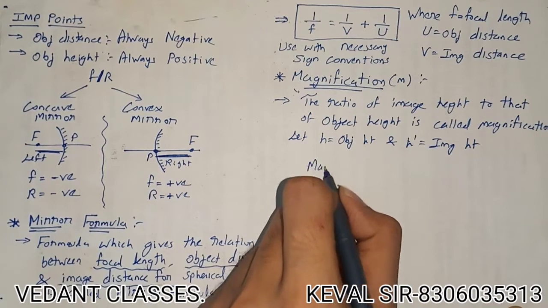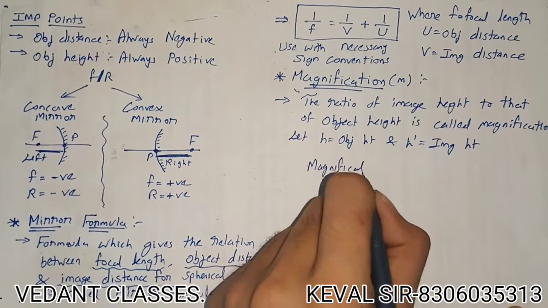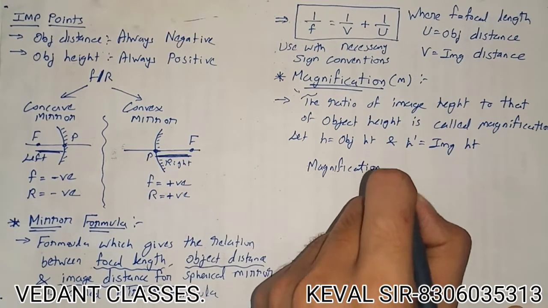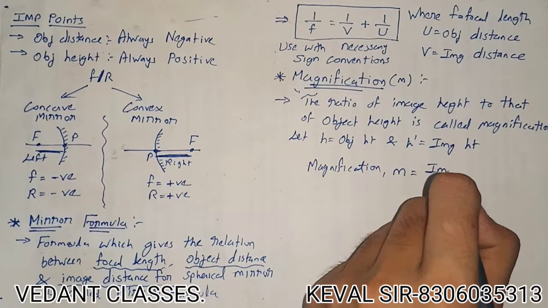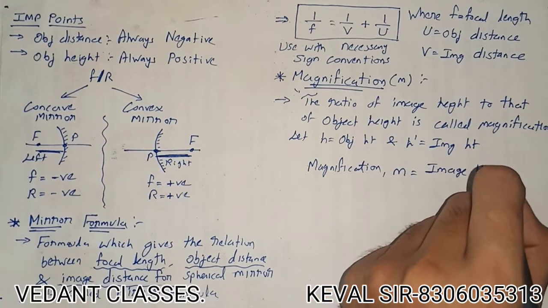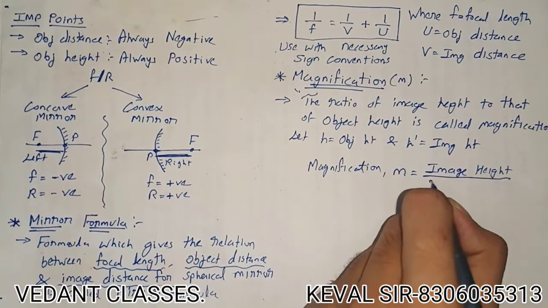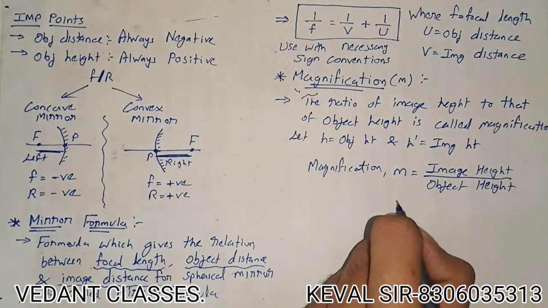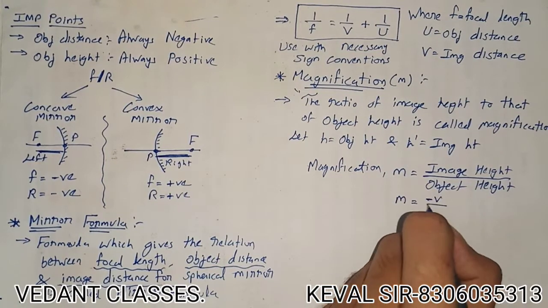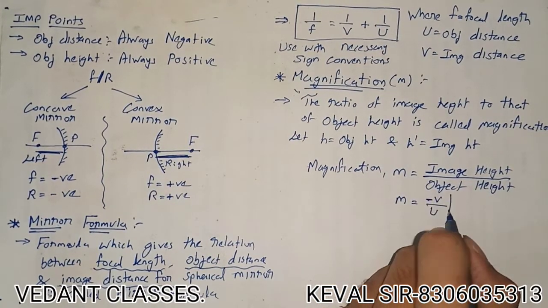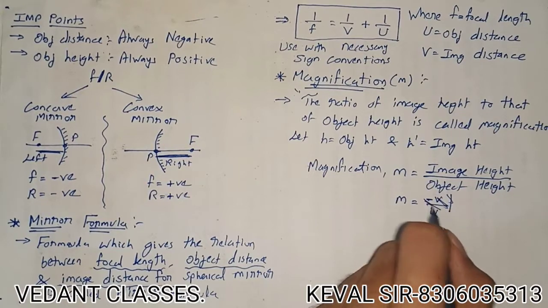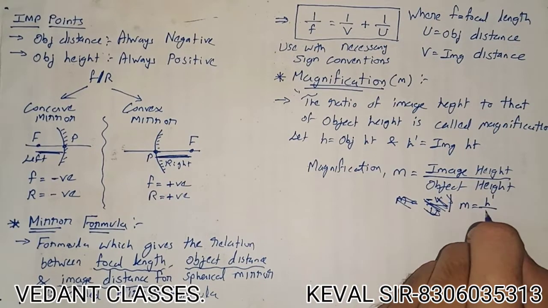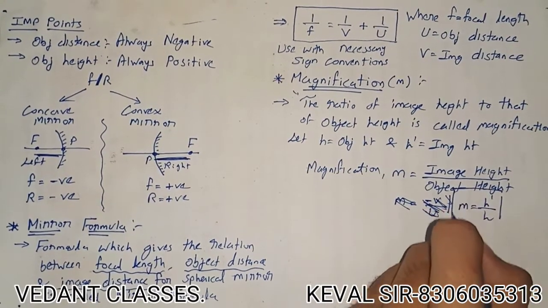So magnification m will be equal to image height upon object height, that is m is equal to h dash upon h, okay.